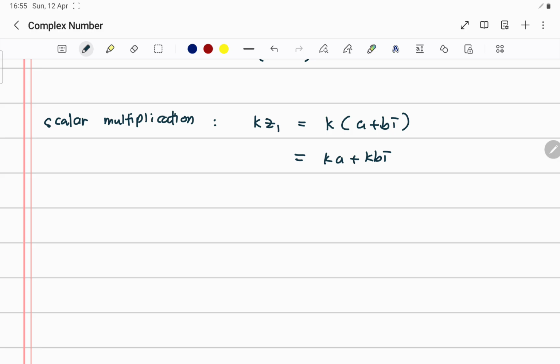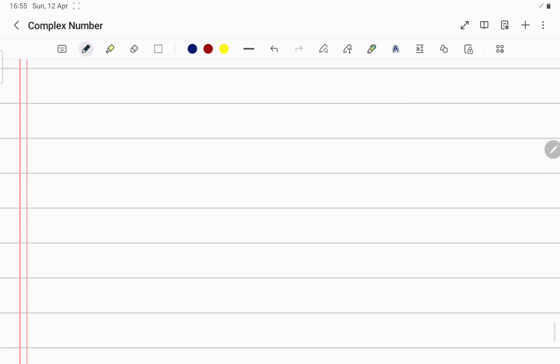Now we will proceed to the multiplication of Z1 and Z2. You just substitute Z1 and Z2 here. Z1 is A plus BI, Z2 is C plus DI.